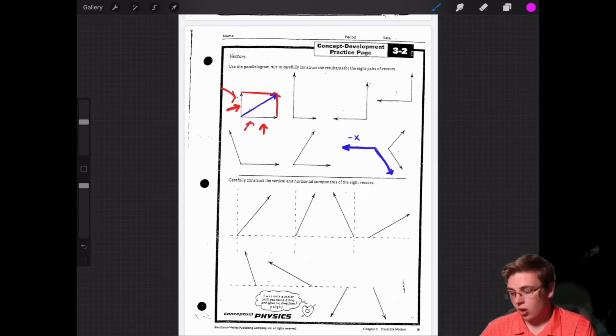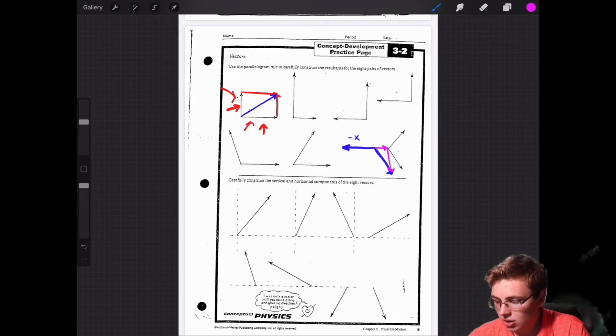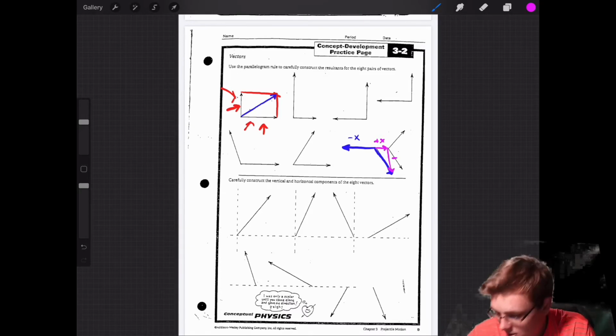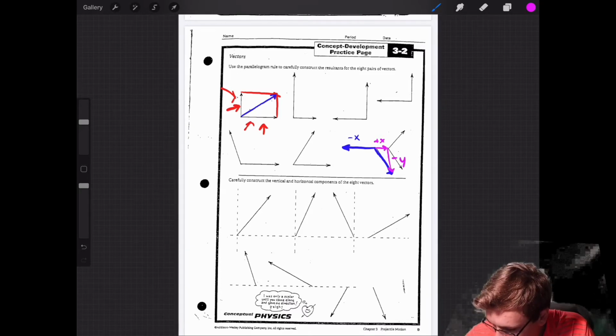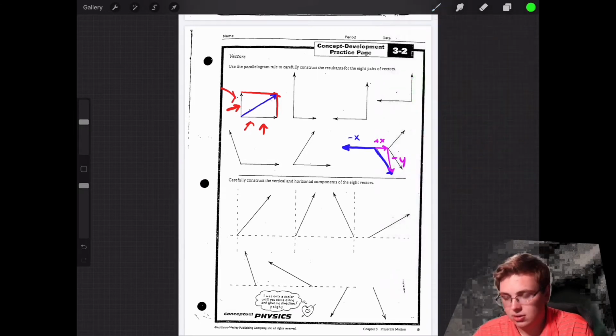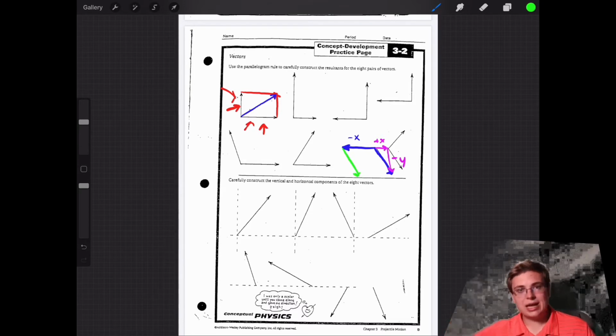And then our one below it, it's going down and to the right. So I can actually draw little tiny components, breaking it up into its x and y. To the right and down. So I see that this one's going in the positive x. And I see that this is going in the negative y. All that means is right and down.